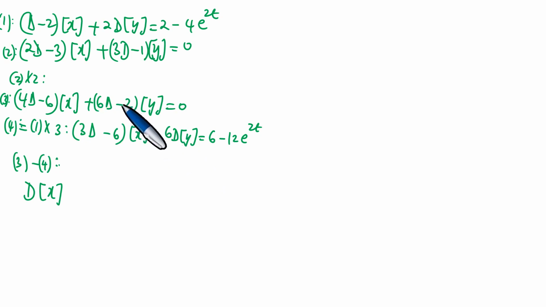Interesting thing here: we have this one here minus nothing. That is a constant being subtracted from d, and that gives us minus twice y. Therefore now we have 0 minus 6, which is exactly minus 6. 0 minus into minus 12, which is 12e^(2t). So we get this. Awesome.